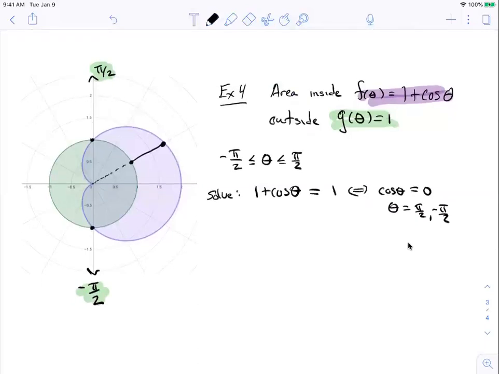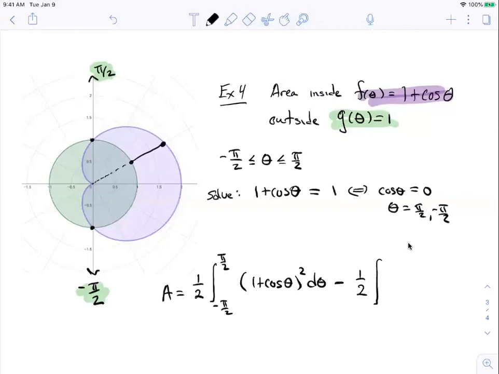Okay, so then to finish this off, how do we set this up? Well, we need to calculate the area. And the area, I'm going to think of it as a difference. If I take the purple region first, I would integrate 1/2 from minus pi over 2 to pi over 2 of f of theta squared. That's 1 plus cosine theta squared d theta. But then I need to subtract from that 1/2 the integral from minus pi over 2 to pi over 2 of g of theta squared.